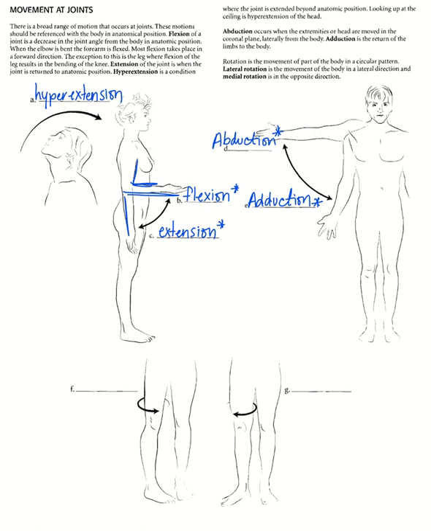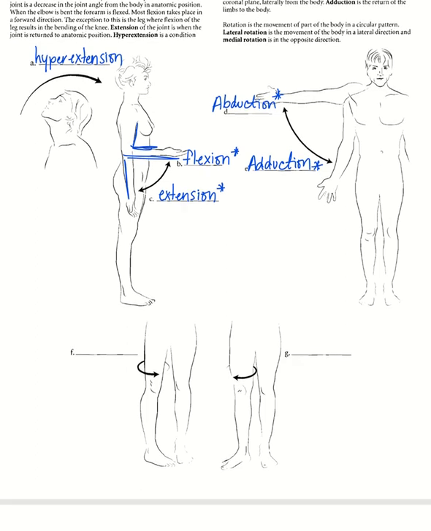Okay, and then lastly here, we have two types of rotation. If you're rotating inward towards the midline, it's referred to as one of two options. You can call it internal rotation, because you're rotating inward, or it's also called medial rotation. And again, it's because you're rotating in towards the midline, towards the middle.